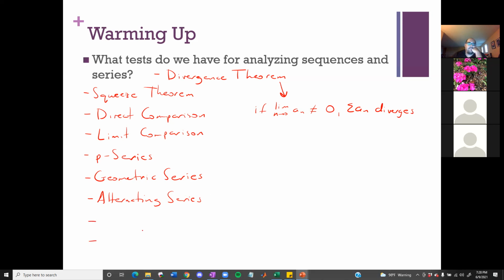What else? And then the ratio and root test. Yeah. So those should be hopefully pretty fresh in your mind. And I think that's it, unless I'm forgetting anything. But really, a lot that we've looked at so far. So I think that's a comprehensive list of the things we've looked at so far.